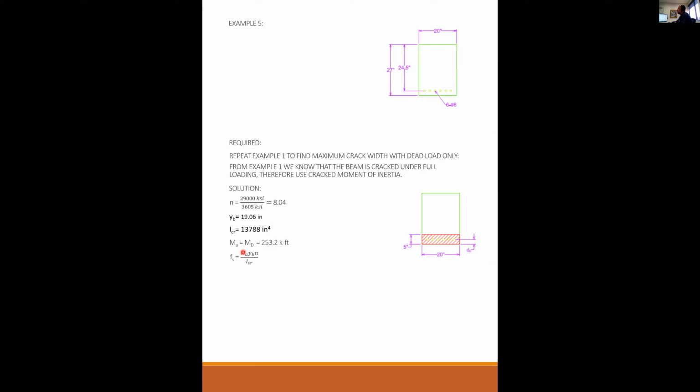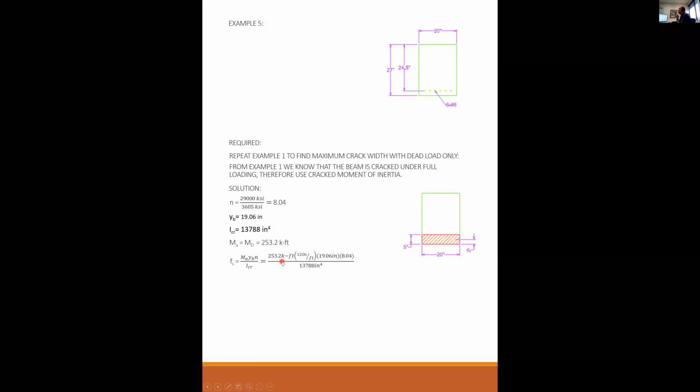So you have M is Ma, Y is YB, and I is I cracked. And then don't forget you need to multiply by the modular ratio N, because we transformed all the steel into concrete so that we could find the moment of inertia, apples to apples, but it's still steel. So you have to transform it back to steel when you're getting your stresses.